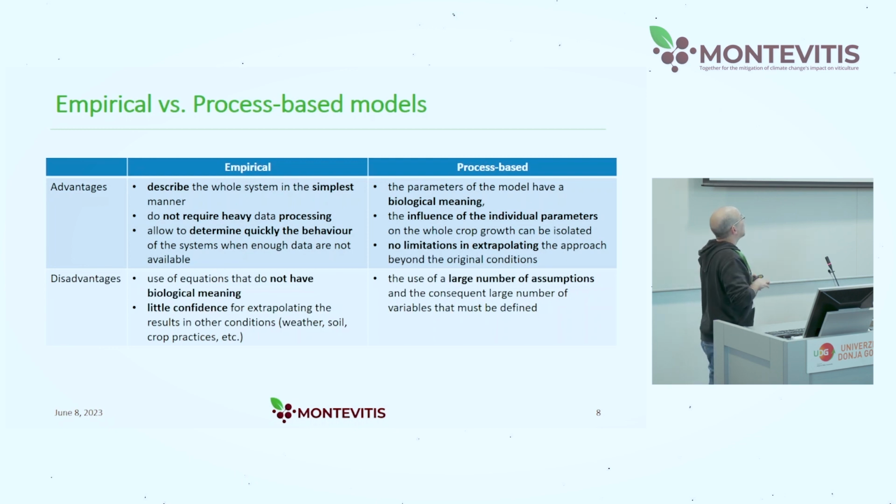So if we want to, for example, change the scion or the rootstock in a variety, we can directly modify the parameters that are from the roots or the aerial part, and we can also simulate the model.